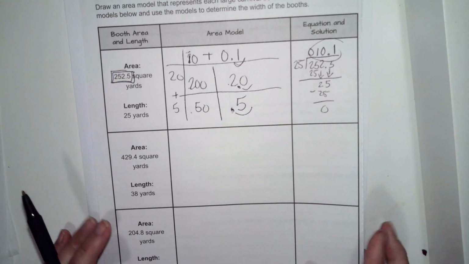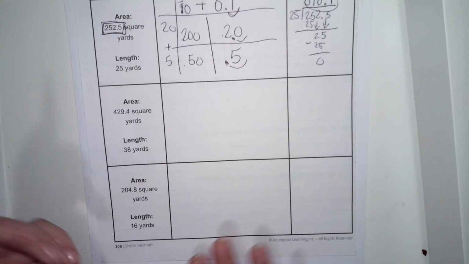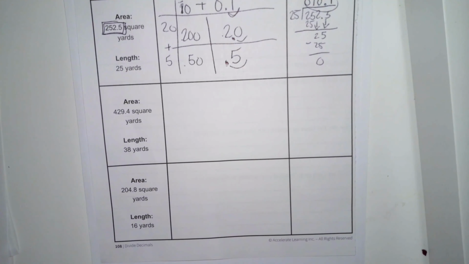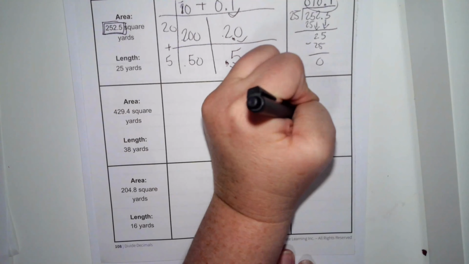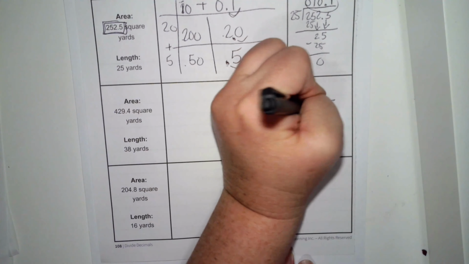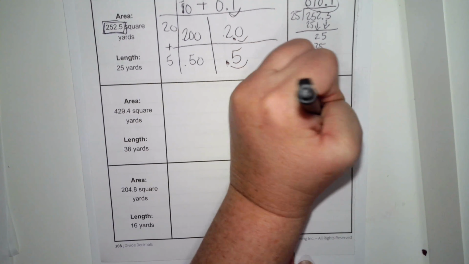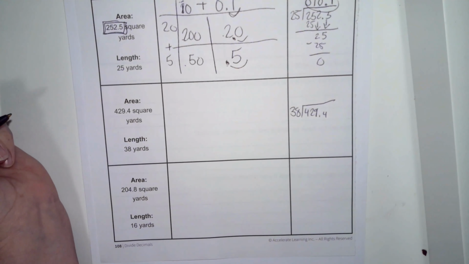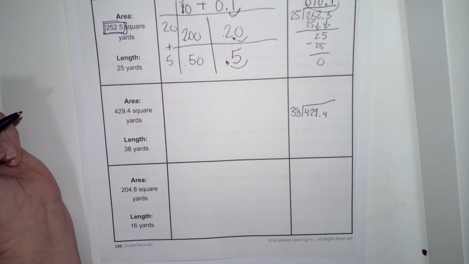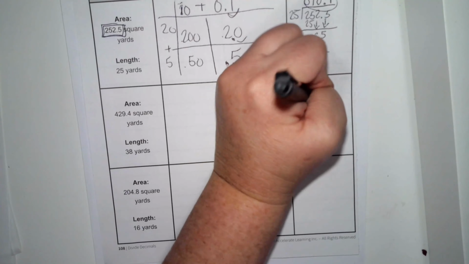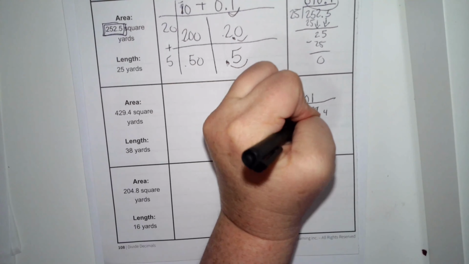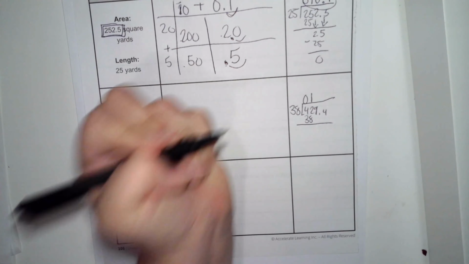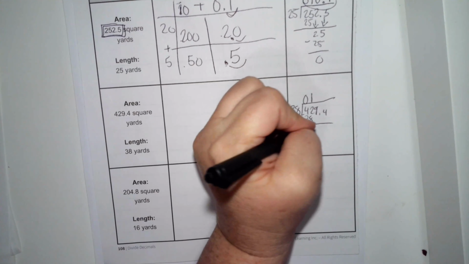Let's look at the next one. So again, I'm going to solve it as a standard algorithm, and then I'm going to play with it with my area model. I have 38, and I'm going into 429 and 4/10. 38 does not go into 4, but it goes into 42 one time. 1 times 38 is 38, and 42 minus 38 is 4.